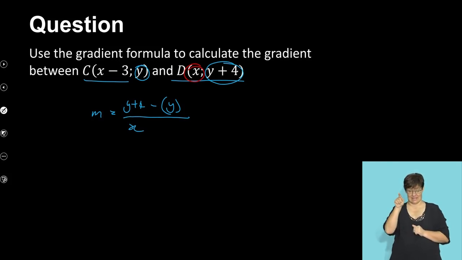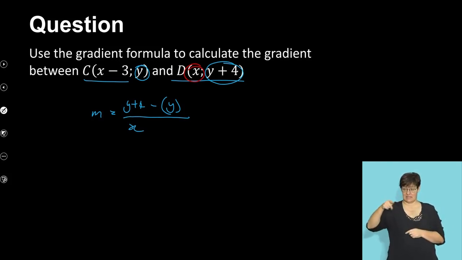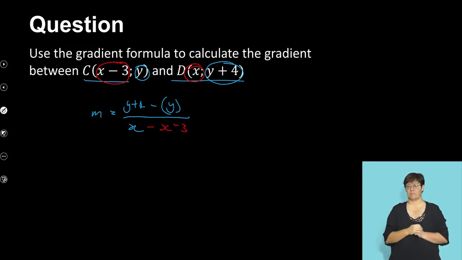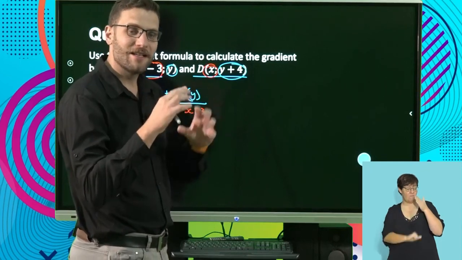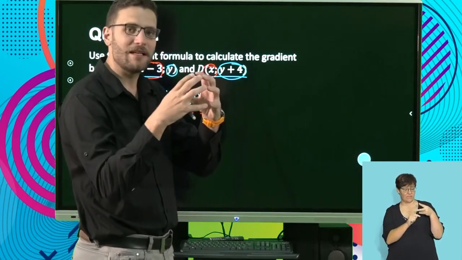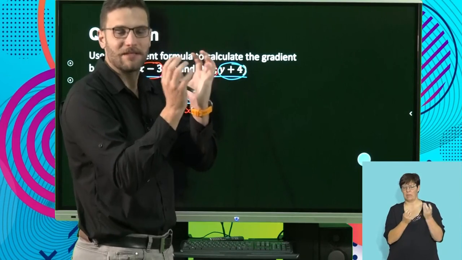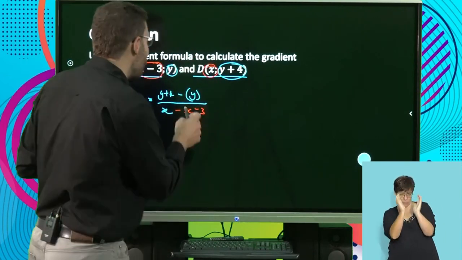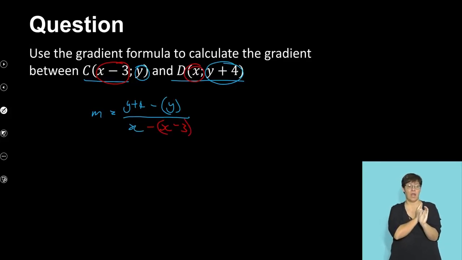I'm going to take the x value of the second point, and I'm going to subtract the x value of the first point. But again, what's crucial here is that when I subtract a multi-term piece, I always have to do that in brackets, because I'm not only subtracting the x, I'm also subtracting the -3, and so I have to put that in brackets.